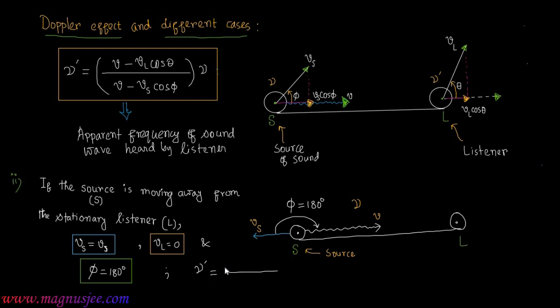Therefore, the apparent frequency nu prime will have the expression (v minus 0) divided by (v minus Vs cos 180 degrees), into the actual frequency nu. Therefore nu prime is v divided by (v minus (minus Vs)), that is v divided by (v plus Vs), into nu, because cos 180 degrees is equal to minus 1.